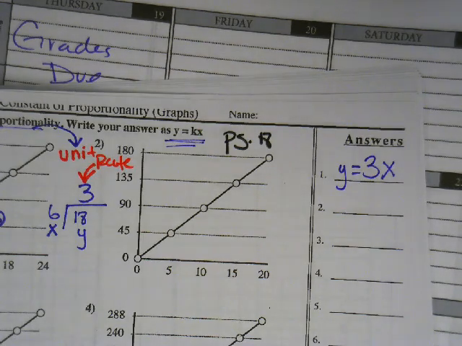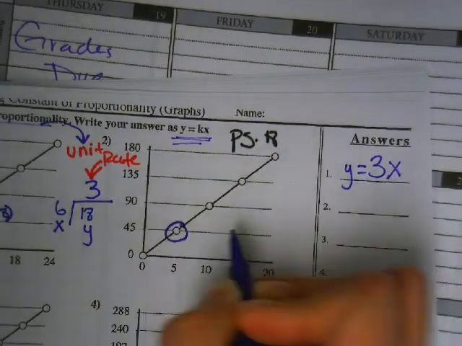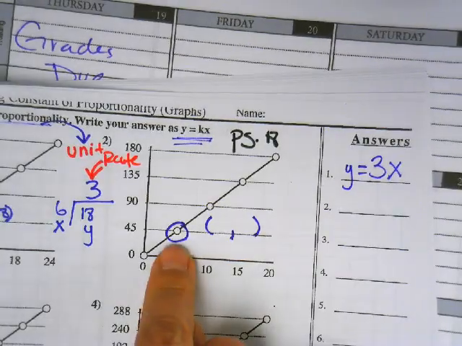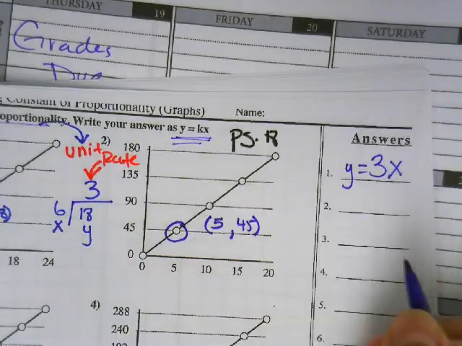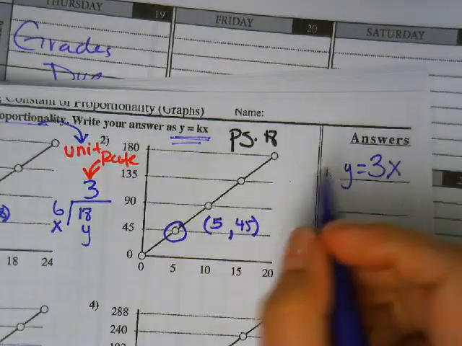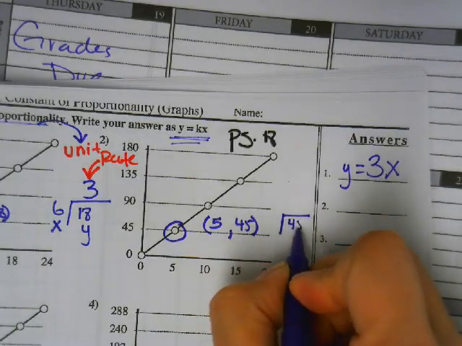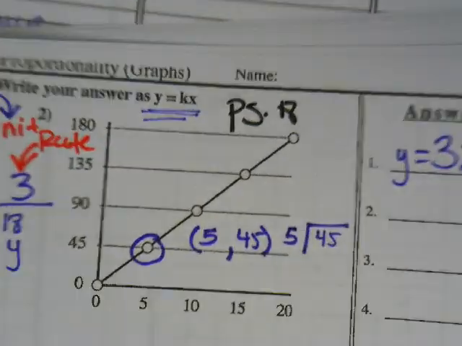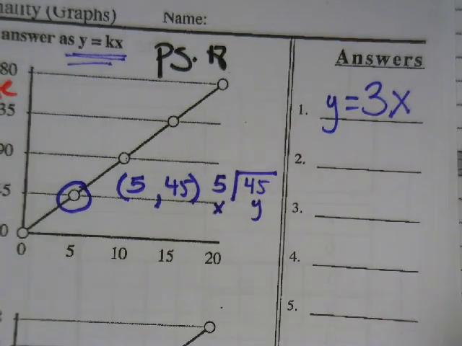All right, let's look at number 2. Let's use this point. What is this point? 5 and 45, right? What number goes inside? What number goes outside? 45 goes inside. Edward, let's follow along. Let's try to work with me, not behind me. I put x outside, y inside.